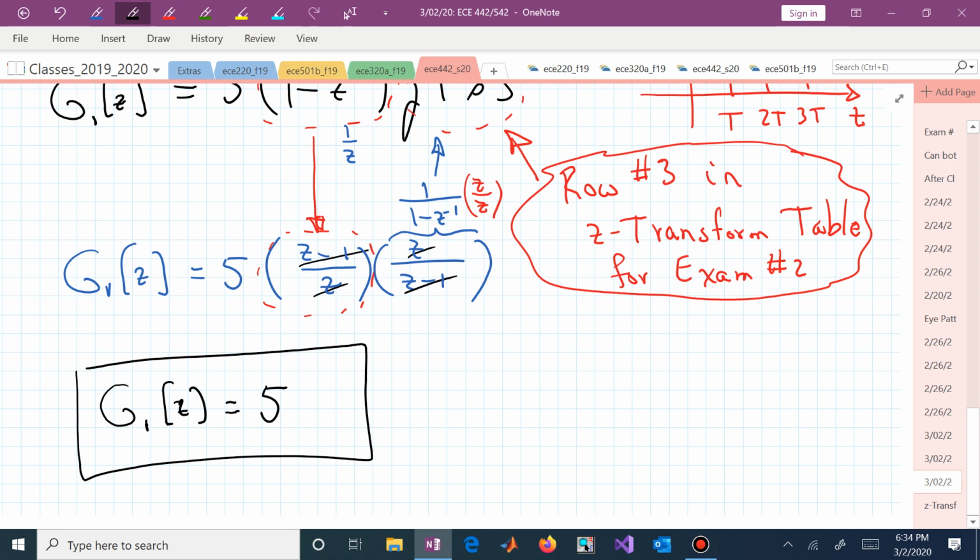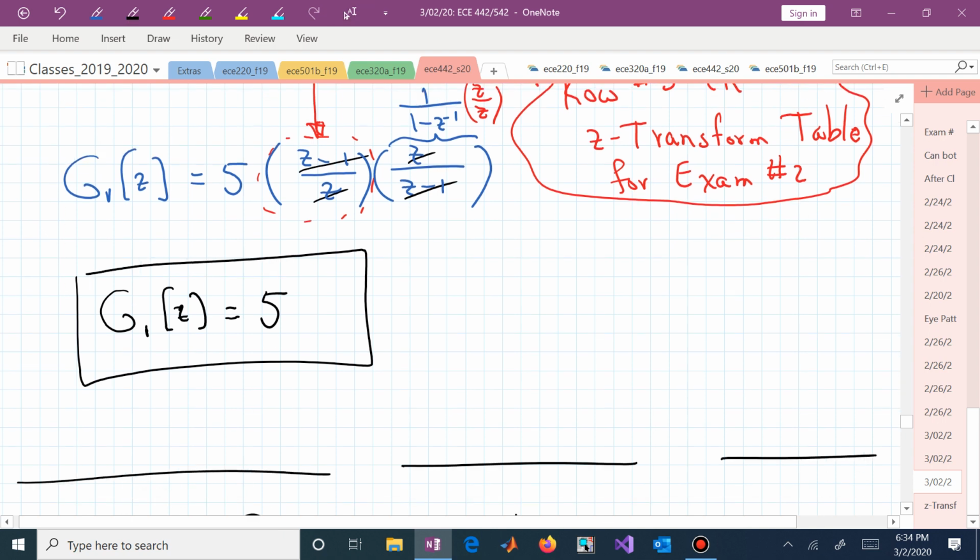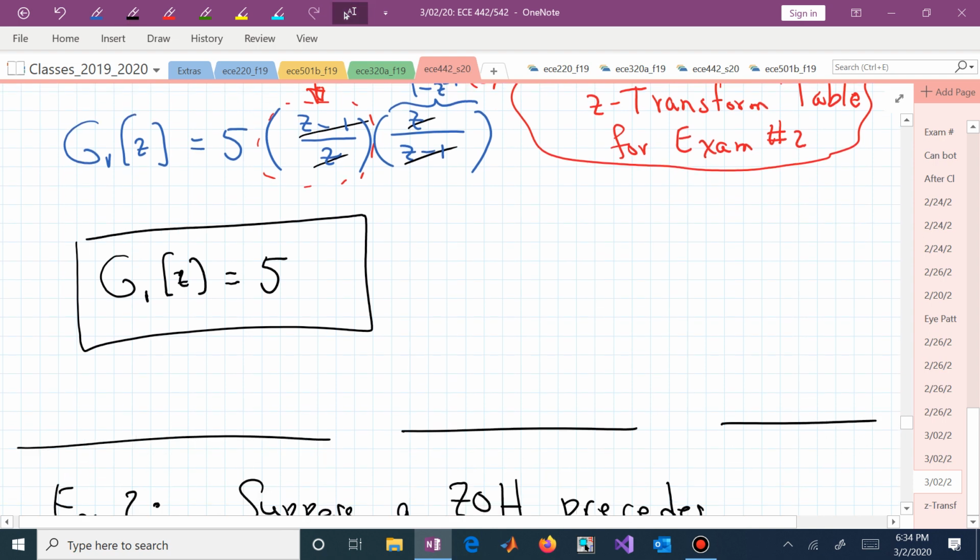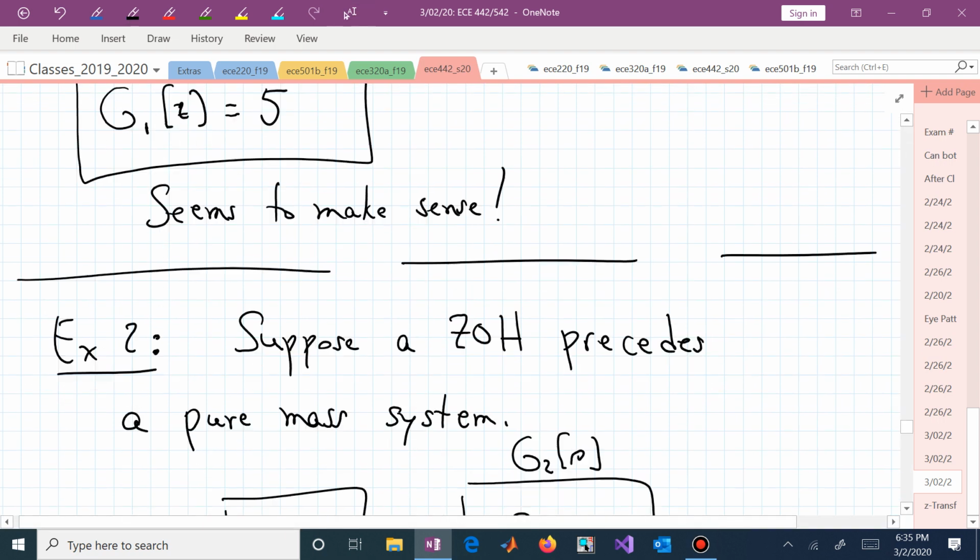We zero order hold, and we get a transfer function that's that same exact constant back. So this seems to make sense. Okay, let's step it up a notch.